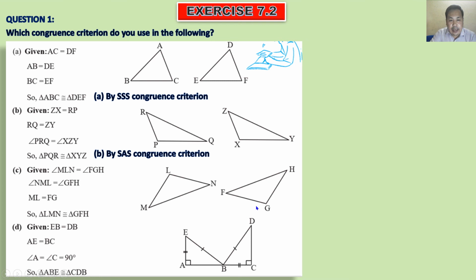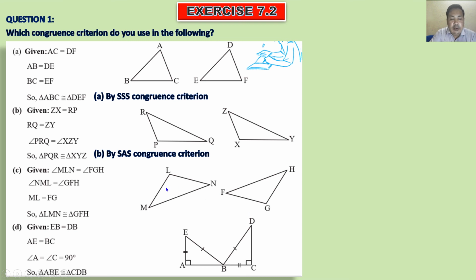They are corresponding sides, and they are equal. They are also included sides, that is, in between the two equal angles: angle L and angle M, and angle F and angle G. These sides are called included sides.